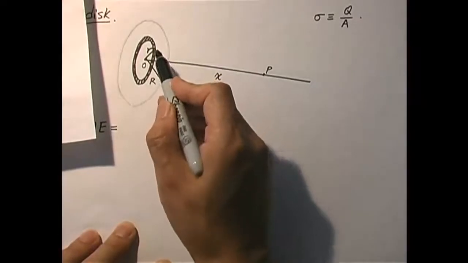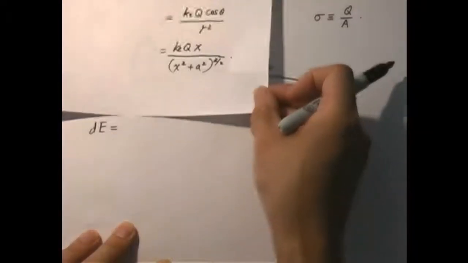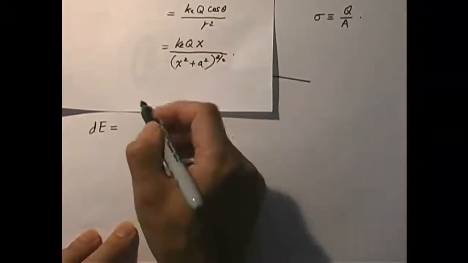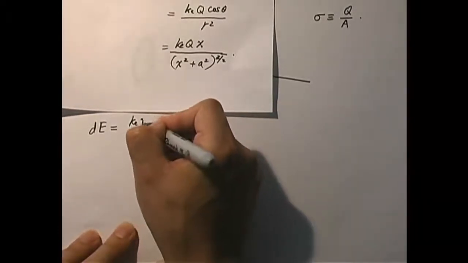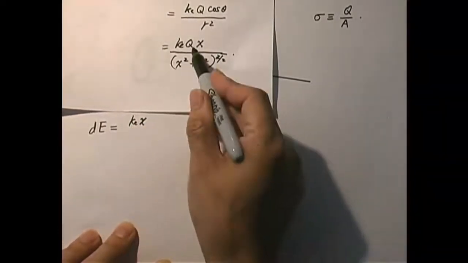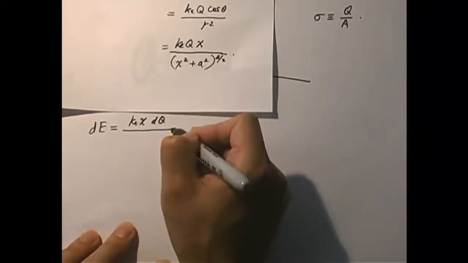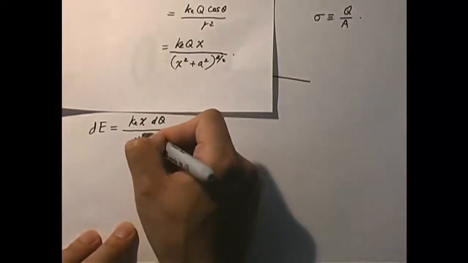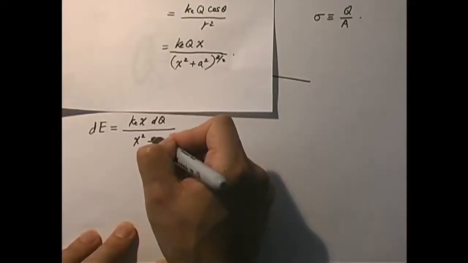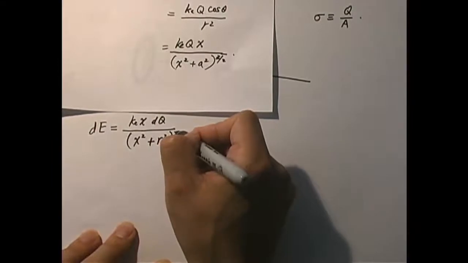In our case, we call it r. So if you copy that, it would be k times x. Instead of q, I must use dq now, right? And I divide this by x squared plus, instead of a squared, I now call it r squared, to the power 3 over 2. I don't have to recalculate everything.